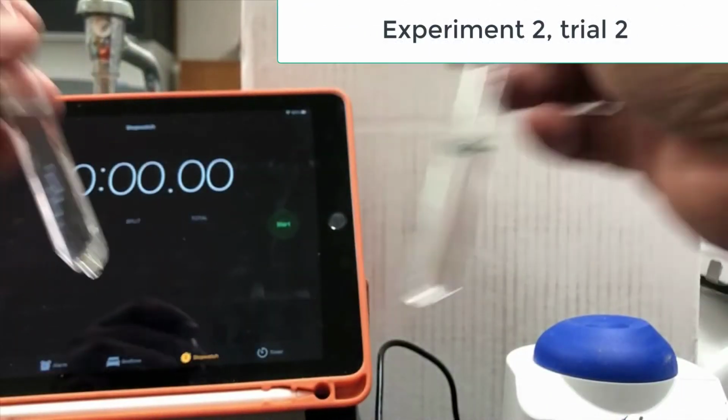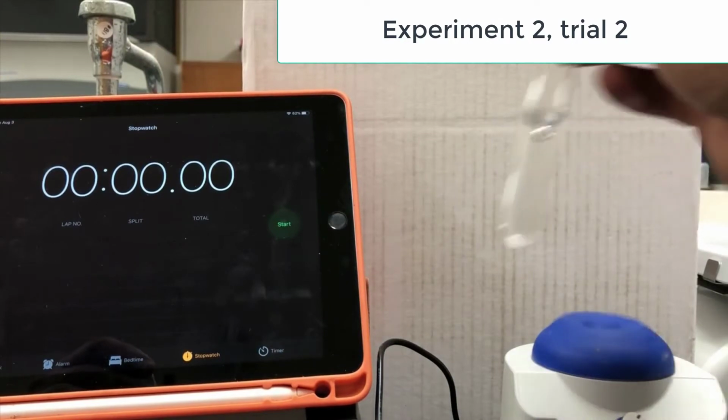For trial 2 of experiment 2, mix that up a little bit before we put them together.